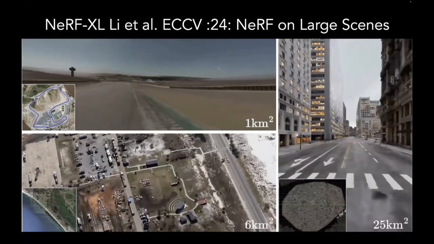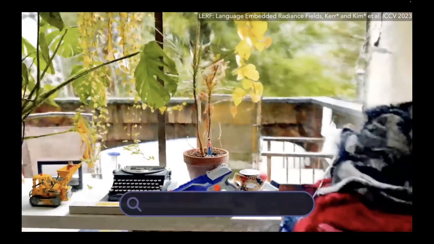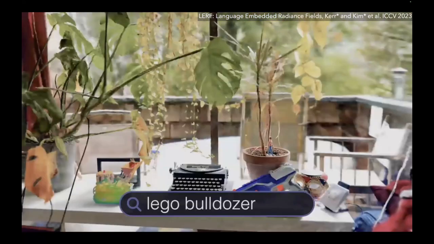Okay, so let me get into some of the research beyond 3D capture, because the things that I've shown so far are about doing novel view synthesis or 3D reconstruction. The really nice thing about NeRFs is that you can store anything in the field, in the neural radiance representation at large.